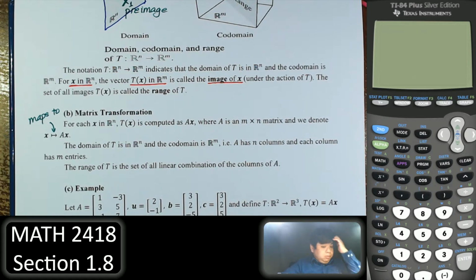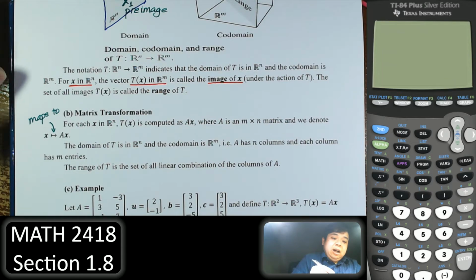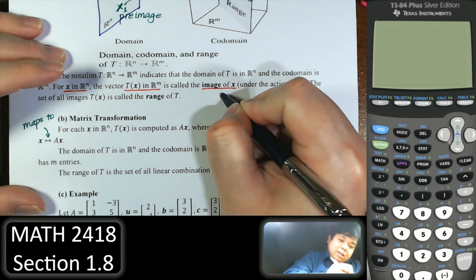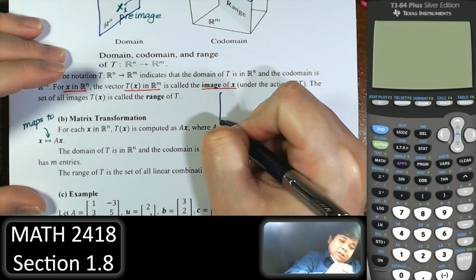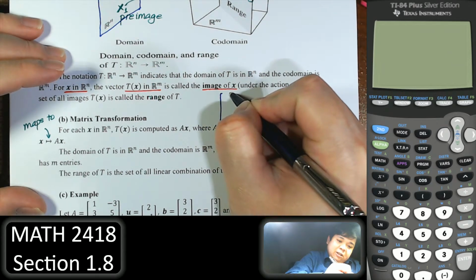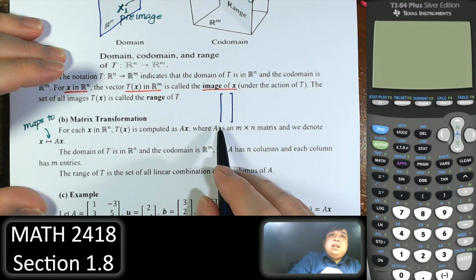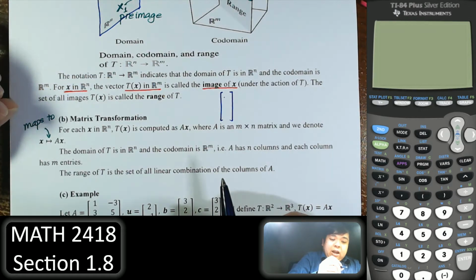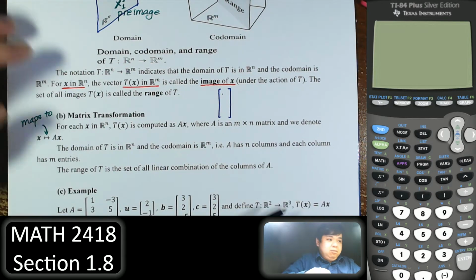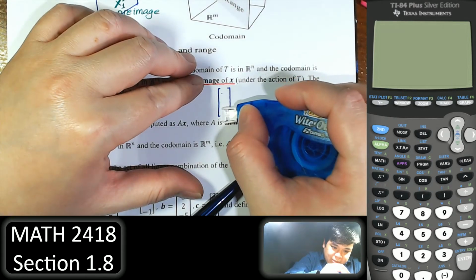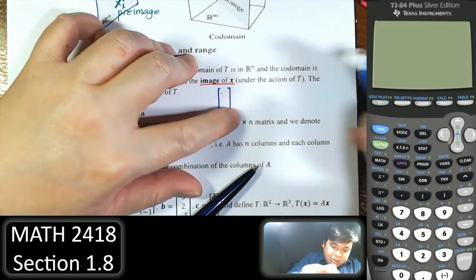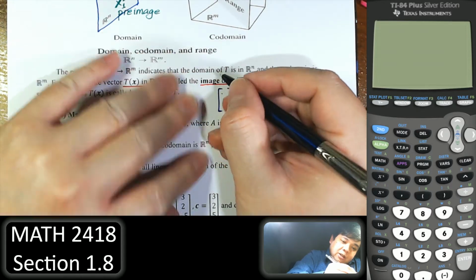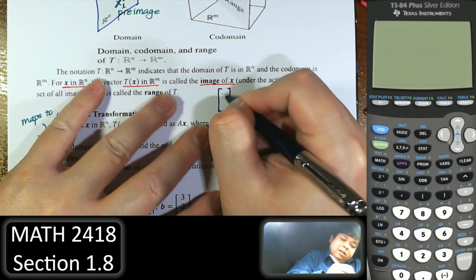Let's say we have a map. This is a vector x.